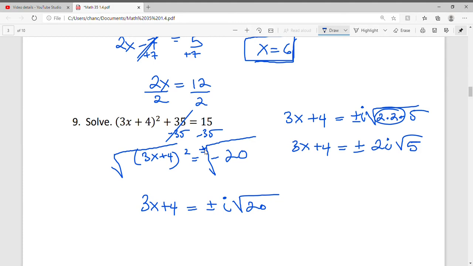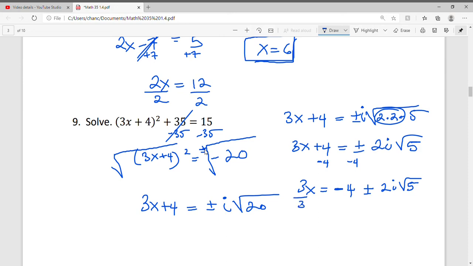Now we have to solve for x. Let's subtract the 4 from both sides. Now be careful, we're subtracting the 4 from this entire expression, so please put it in front of the plus or minus. We're not subtracting it from the square root of 5 or subtracting it from the whole thing, so it's best to put it in the front so that people don't think it's inside that radical.